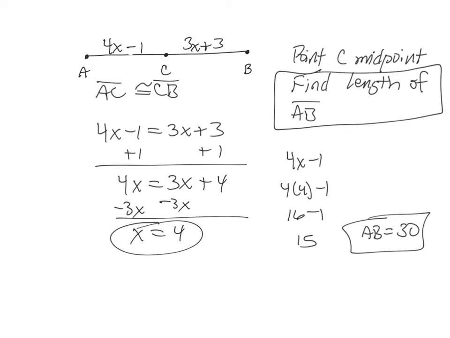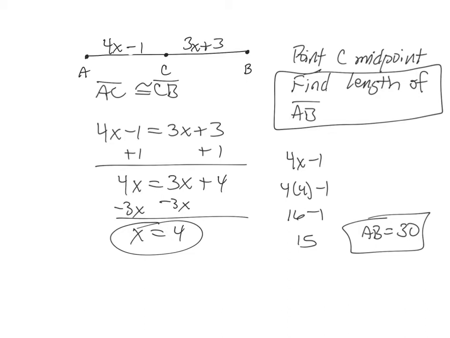Okay? So you're going to have some problems that have just some regular numbers. Oh, the right side is 12, so the left side is also 12. And then you will have some that deal with x's. Okay, but since we're dealing with midpoint, all of them you'll set up as equal.